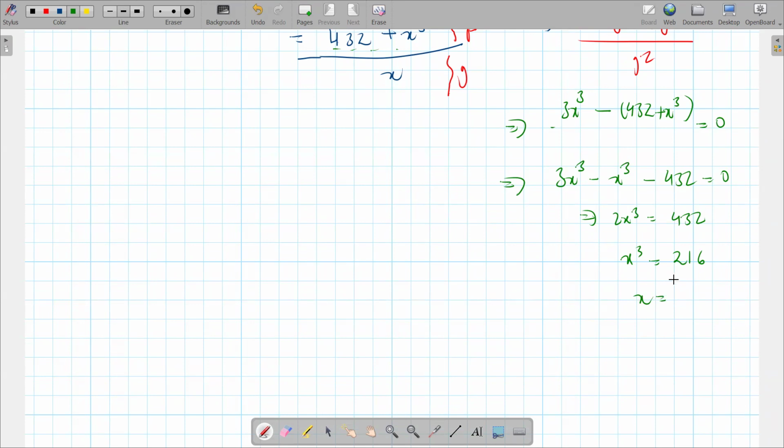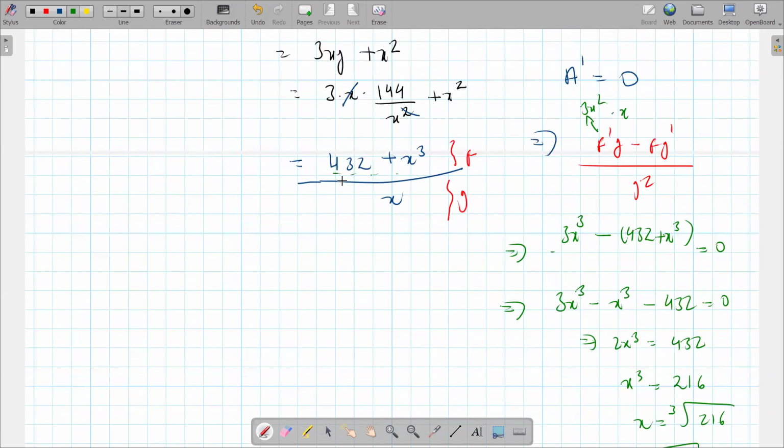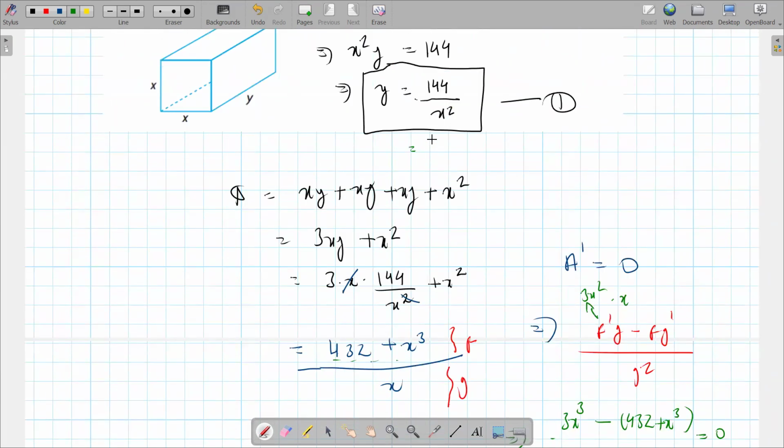So you can also think of it this way: x is the cube root of 216, x is 6. Which means y will be 144 over 36, which is 4. So x equals 6, y equals 4. Final answer. Did that make sense?